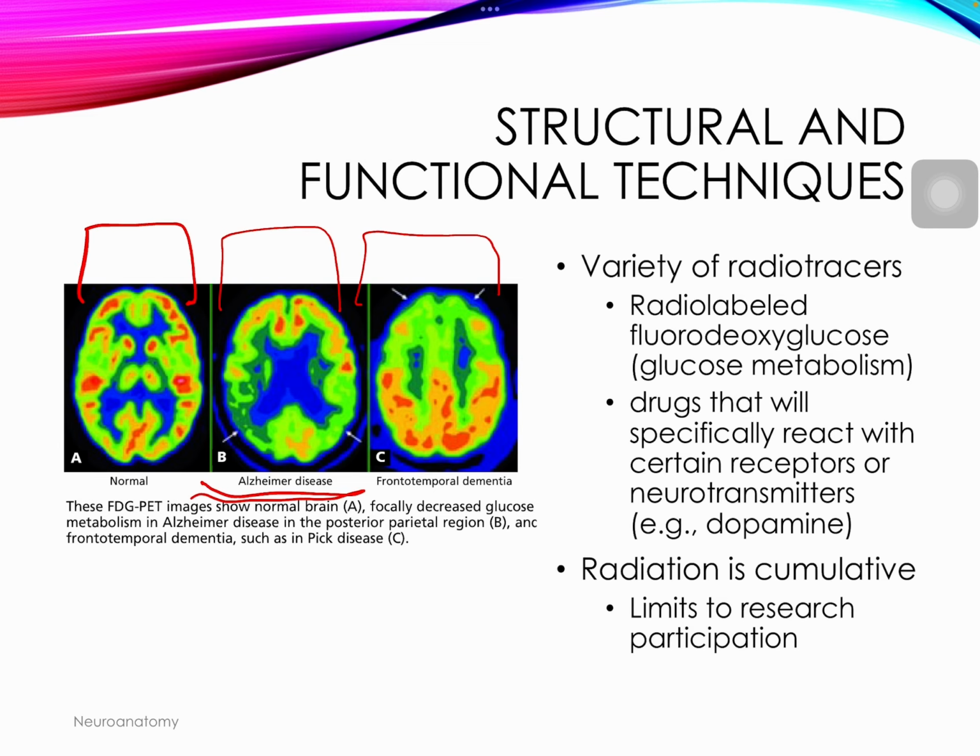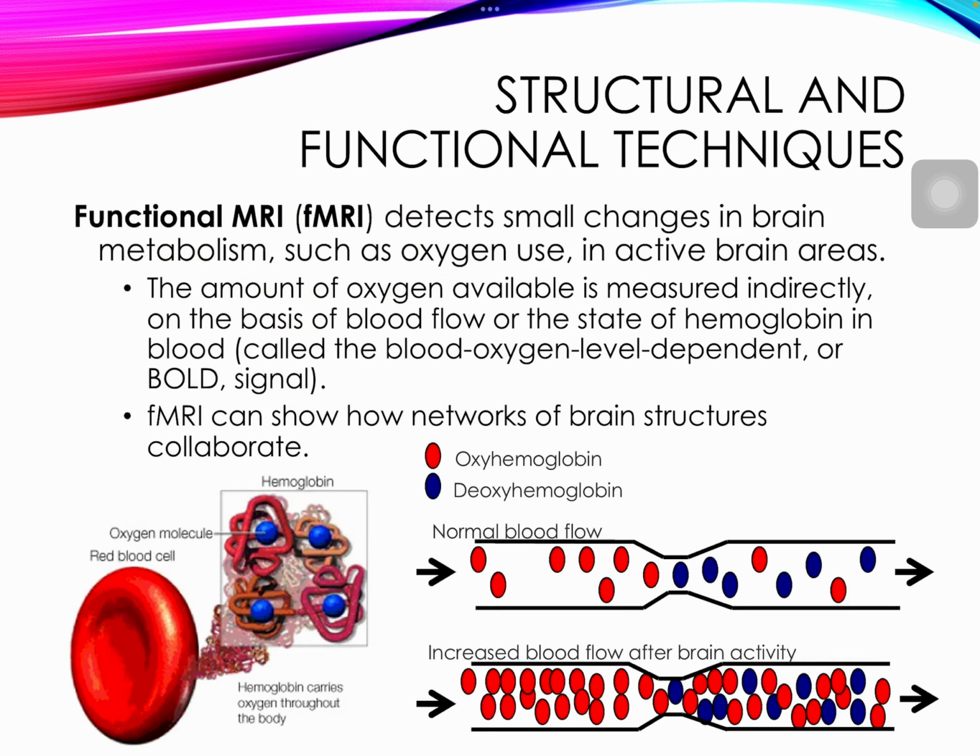We'll talk about Alzheimer's later on in the course, and actually later on in the slides. But PET could be a really good way to visualize this, because as you can see, the processing looks different, and the color coding is different for each of these brains. So it's a really good technique to visualize metabolism in the brain. But again, we have to be careful about how often we do this with our participants.